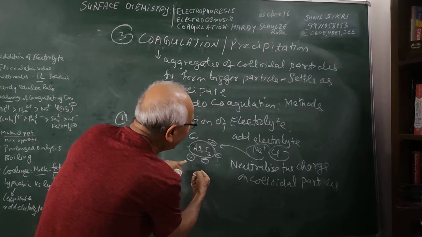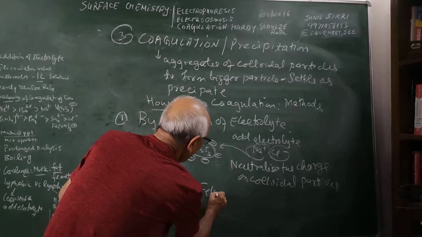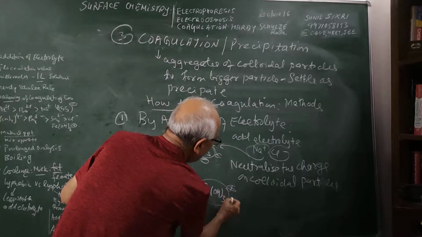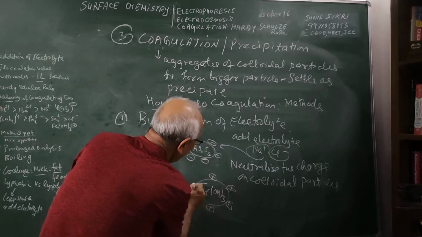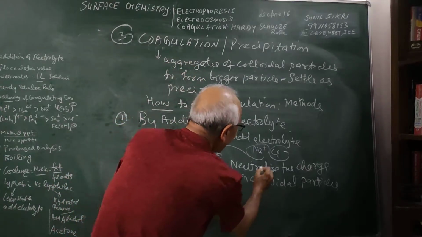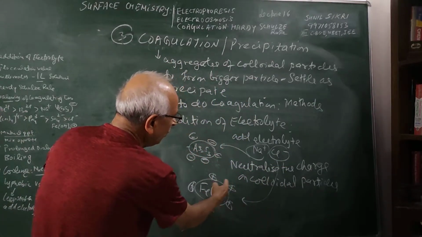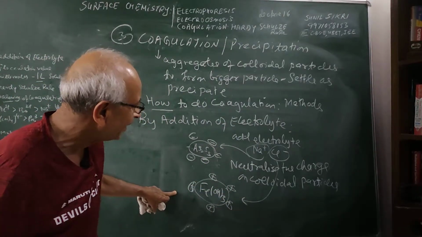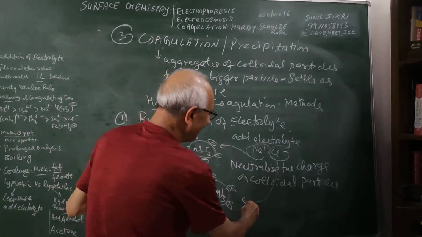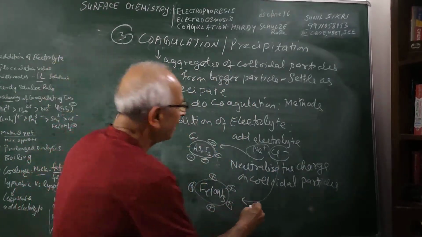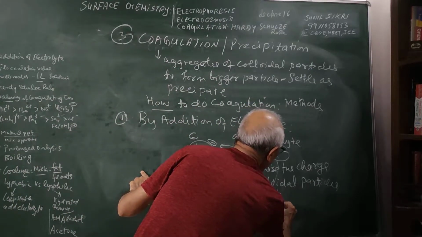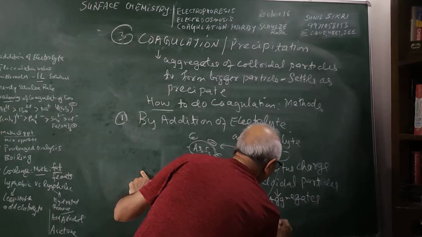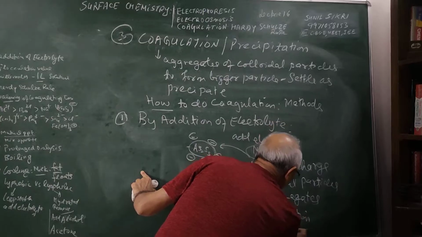If it is positive like FeOH3 sols, carrying positive charge, here you will need the negative ions to neutralize the charge present on the surface of the colloidal particles. Once the charge is neutralized, these particles will come together, they will form aggregates, and hence coagulation or precipitation will take place.